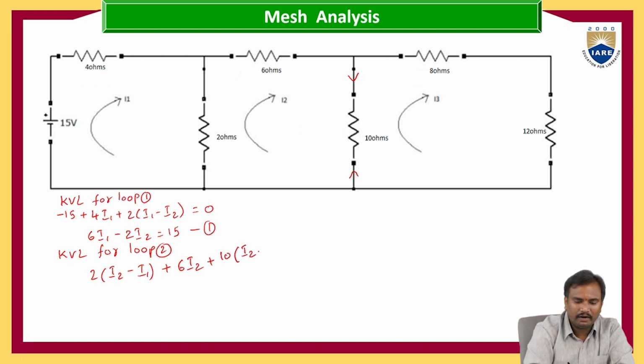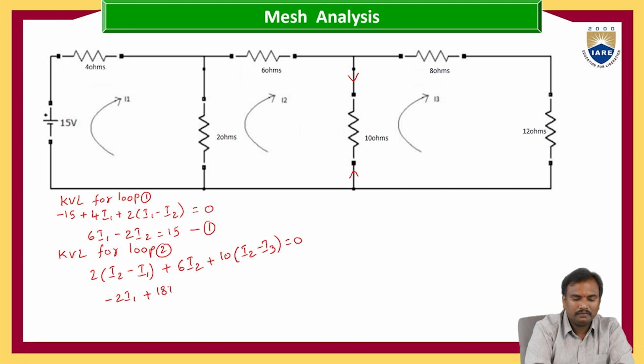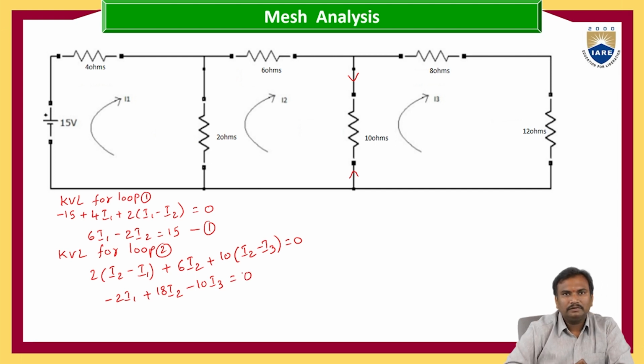So 10 into I2 minus I3 is equal to 0. Now minus 2 I1 plus 6 plus 2, 8, 18 I2 minus 10 I3 is equal to 0. This is our equation number 2.